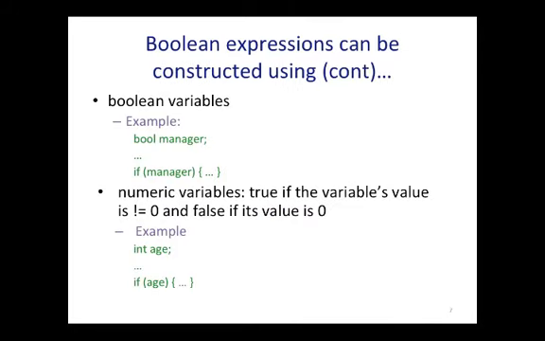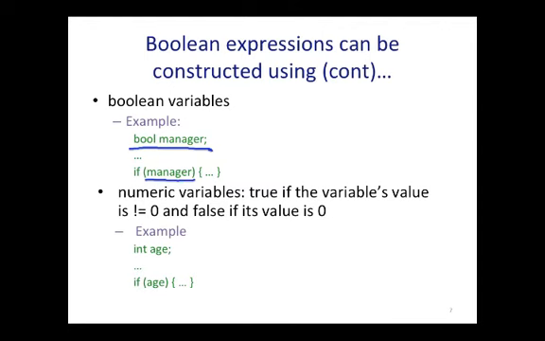We can also construct Boolean expressions from Boolean variables. Remember last time that a bool evaluates to true or false. So here we have the bool variable manager, and it's either true or false, so that causes the expression manager to evaluate to either true or false.